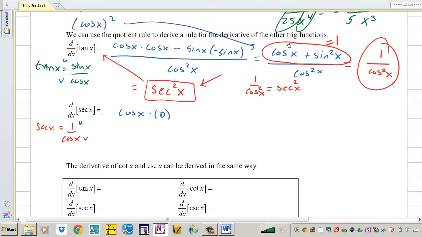The derivative of 1 is 0, minus the top times the derivative of the bottom, which is negative sine x, all over cosine x squared. So let's figure out what this means. That goes away. So I really just have a positive sine over a cosine squared.